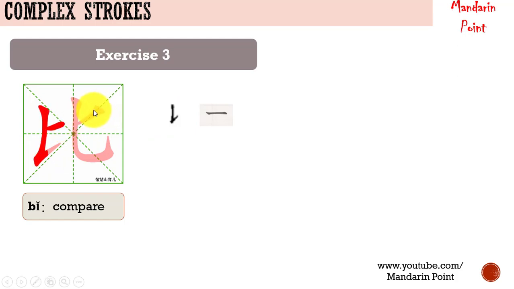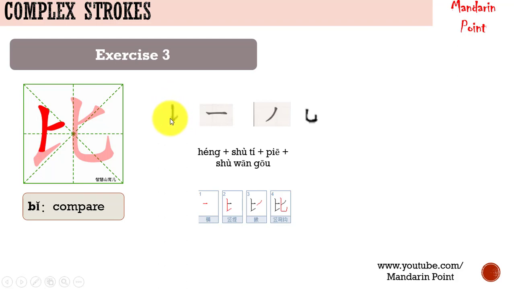The third one is this left falling, and the fourth one is vertical stroke, a bend with a hook. Shu wan guo. When all of these strokes, shu ti hang pie shu wan guo, are put together, this is going to make b, meaning compare.